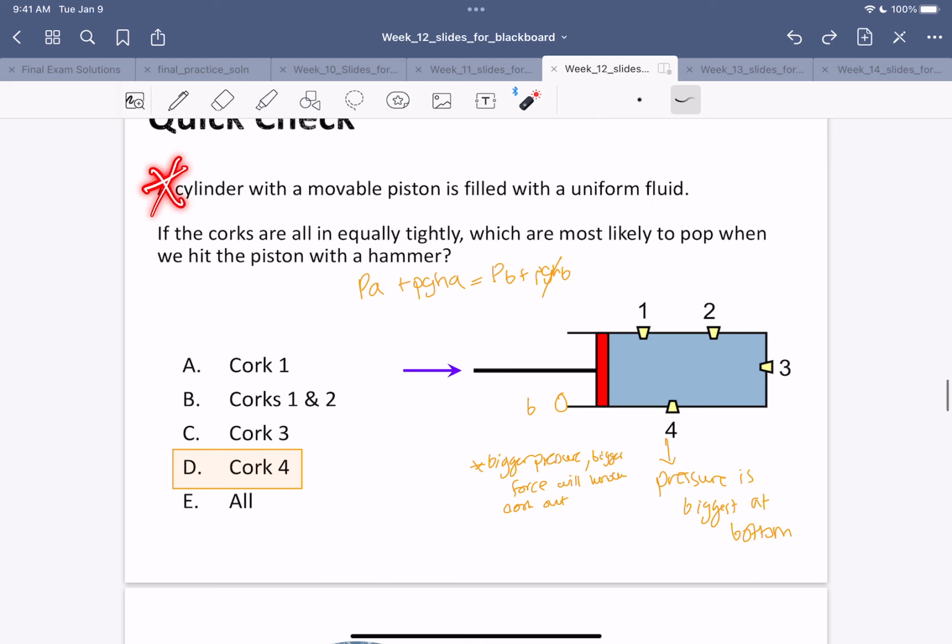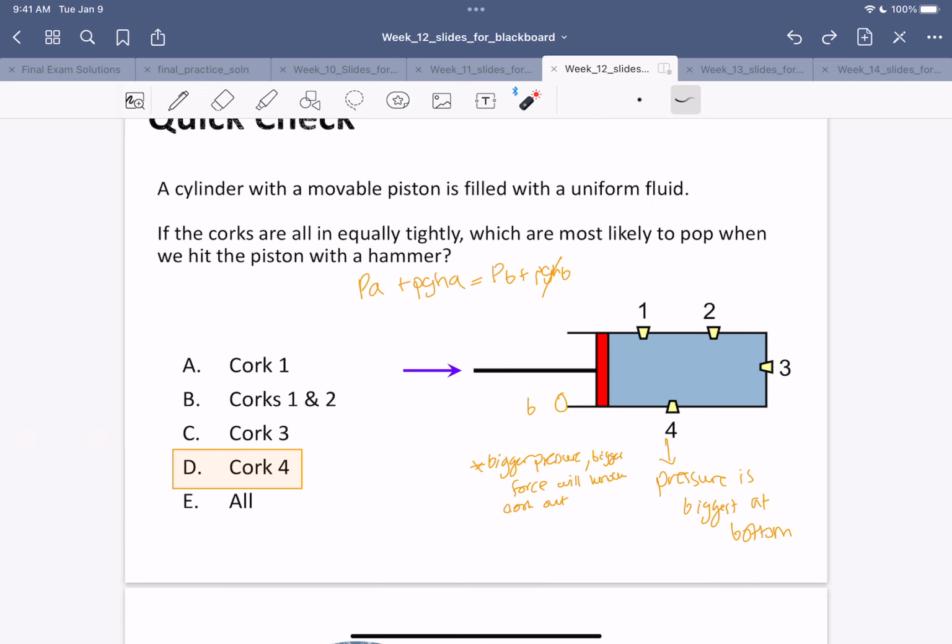This one I got a couple questions about, but I think the reason is that it's based on different professors and how they interpreted this and whether or not they wrote if height matters. For Pascal's principle, we know that any change in pressure applied should be the same pressure applied throughout the fluid, right? So if you have this cylinder with a movable piston with a uniform fluid, and the corks are all in equally tightly, which one is most likely to pop off?